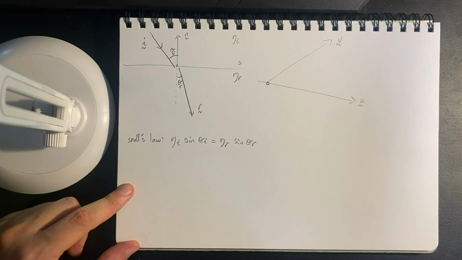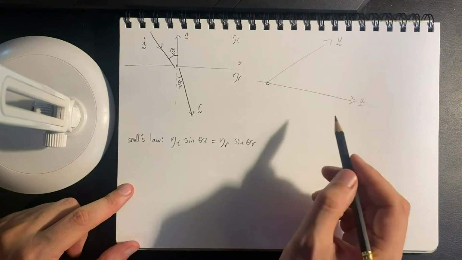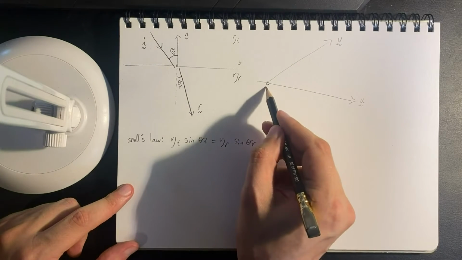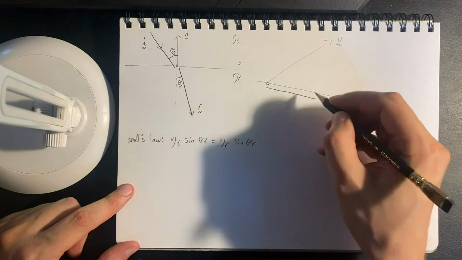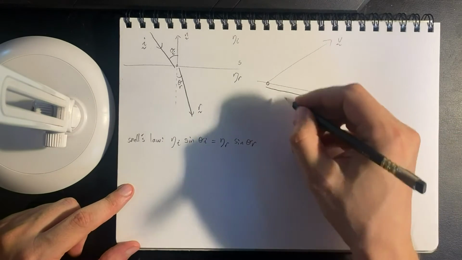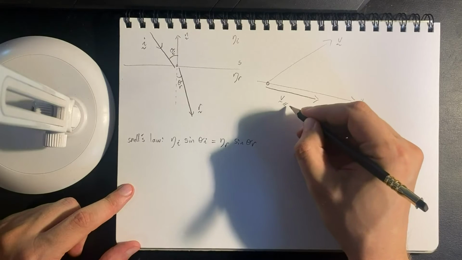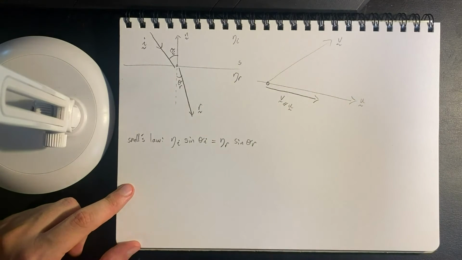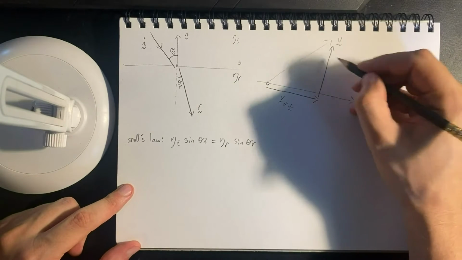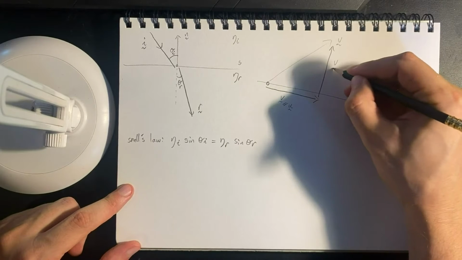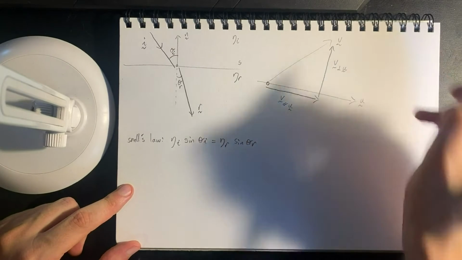So here's how we break it down. Any vector v can be decomposed in reference to any vector u, and it decomposes into a vector sum. So there'll be a component of v which is parallel to u, and there will be a component of v which is perpendicular to u.